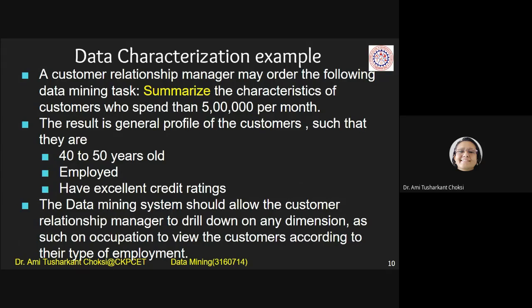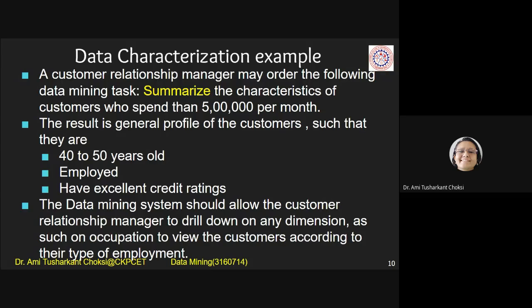For drill down, we say that if a person is a customer, then we can say for his occupation whether the person is employed somewhere or not. If that person is employed, then how much salary that person is having, or what type of employment.